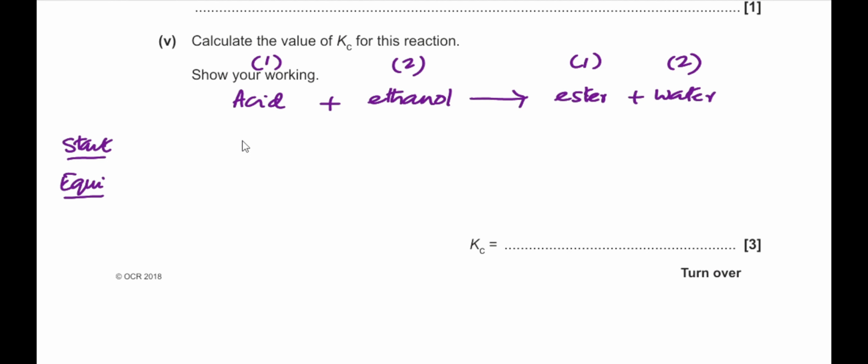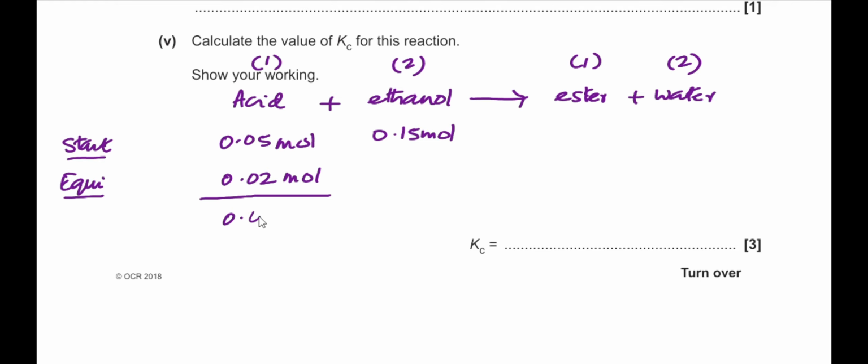Starting point, acid was 0.05 moles and ethanol was 0.15 moles. Now at equilibrium the acid was 0.02 moles. That means the quantity reacted is 0.03 moles.